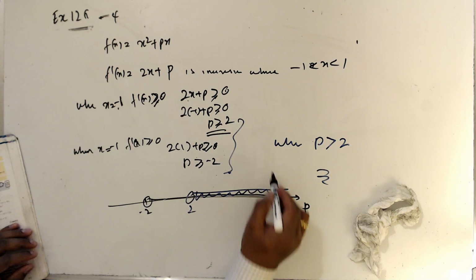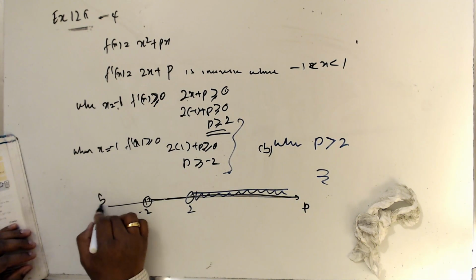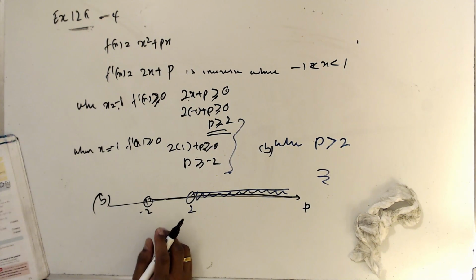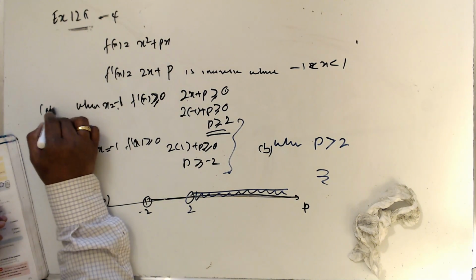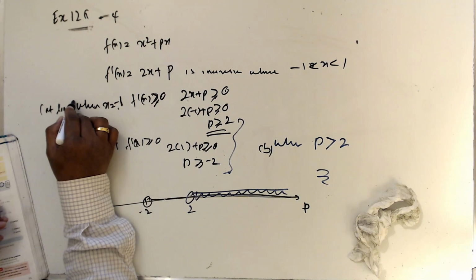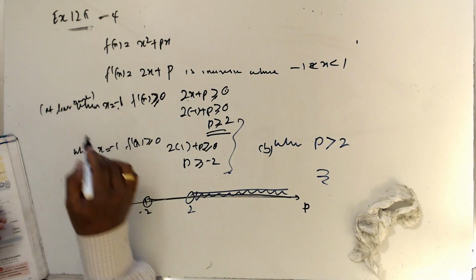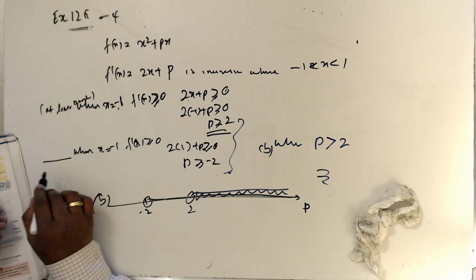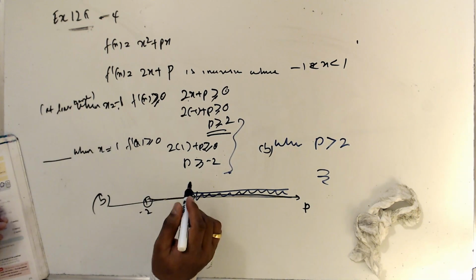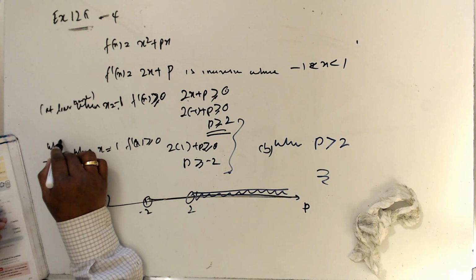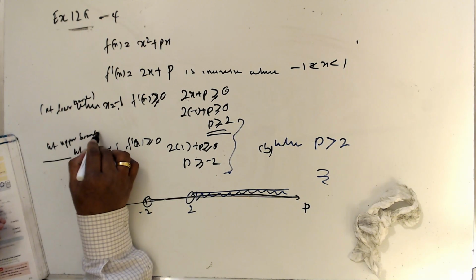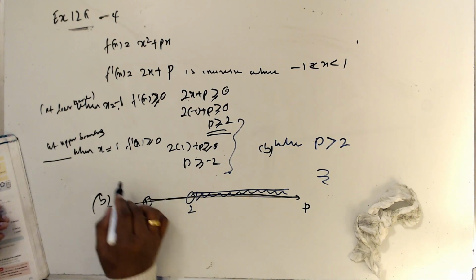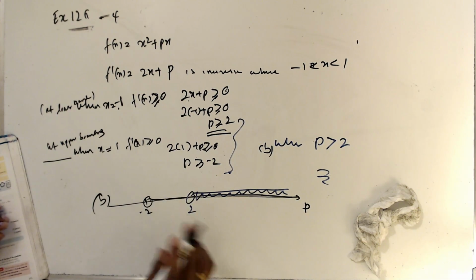So this is part b. This is when x equals minus 1, at the lower boundary. This is x equals 1, not minus 1, at the upper boundary. When x equals 1.